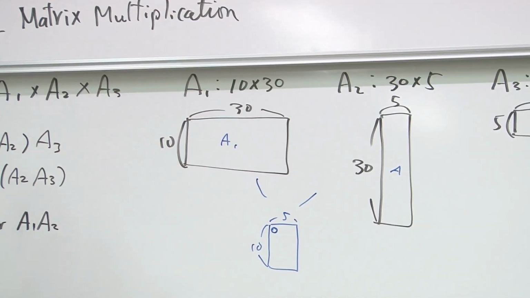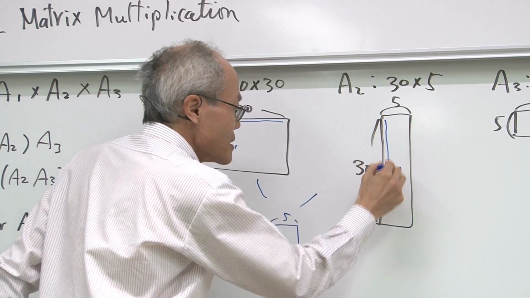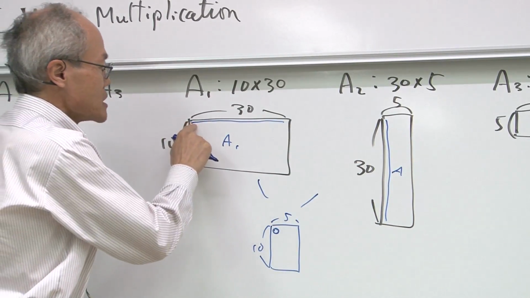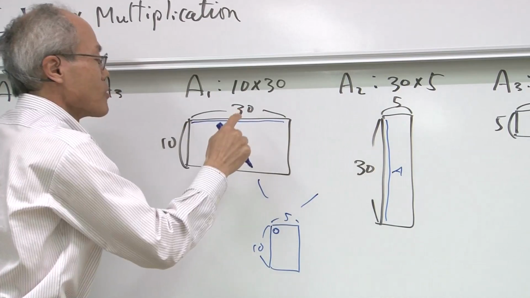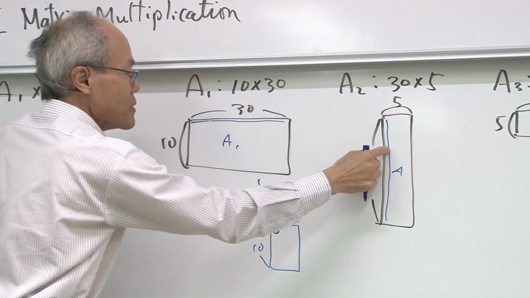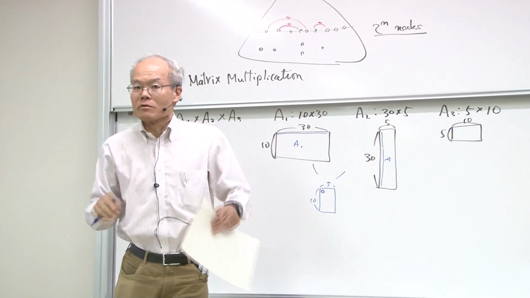It is the multiplication of this number and this number, plus this number and this number, and so on. Then we take the sum of all those values.